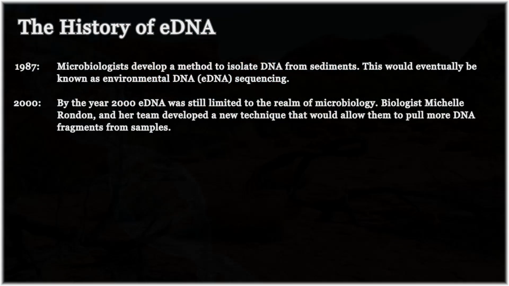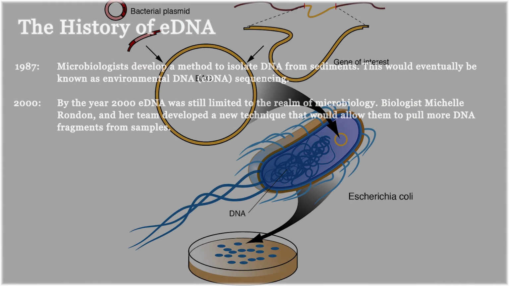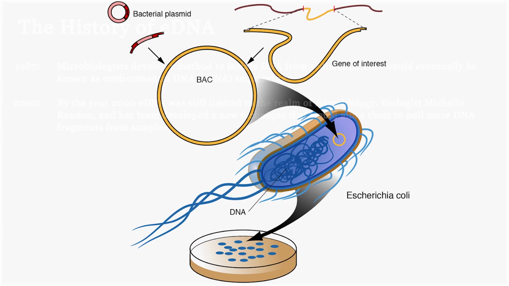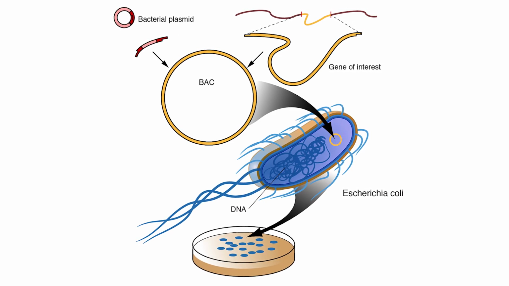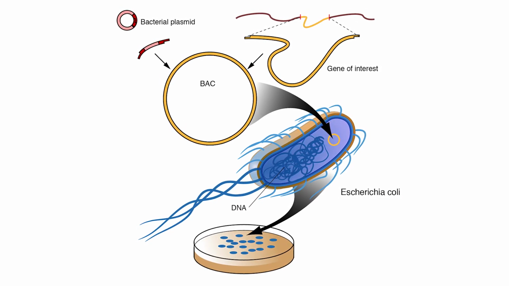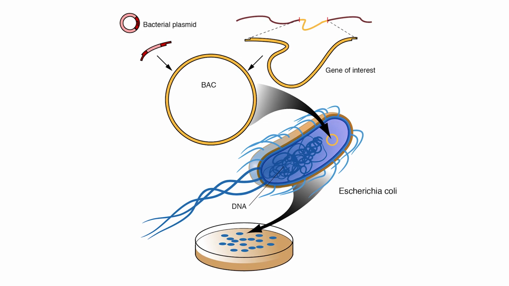By the year 2000, eDNA was still limited to the realm of microbiology. Michelle Rondon and her team were seeking a technique that would allow them to pull even more DNA from the soil by limiting destruction of DNA while it is being filtered. Using a bacterial artificial chromosome, they were able to increase the amount and range of DNA recovered from soil samples.